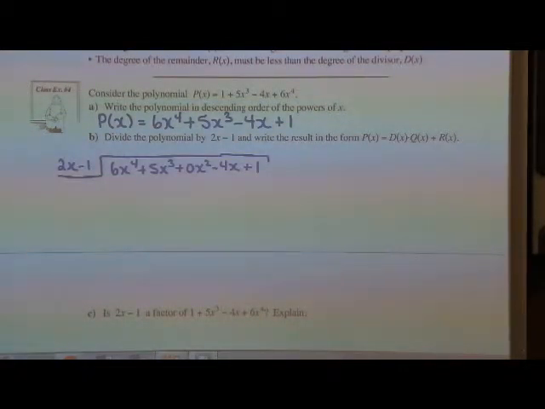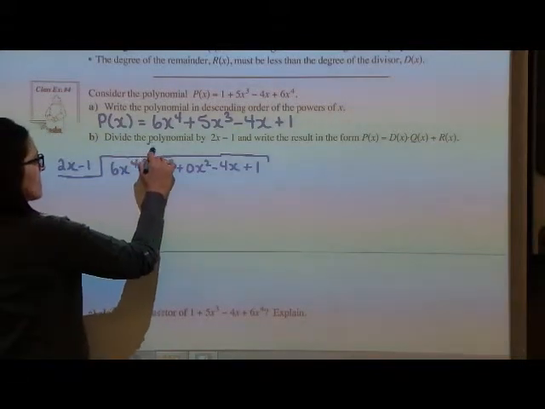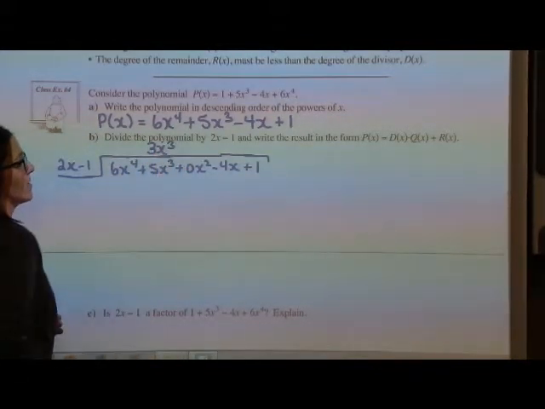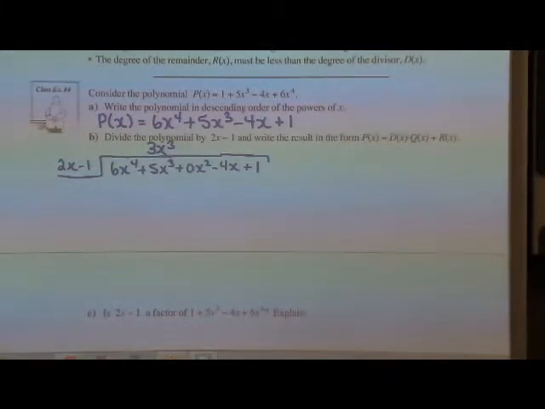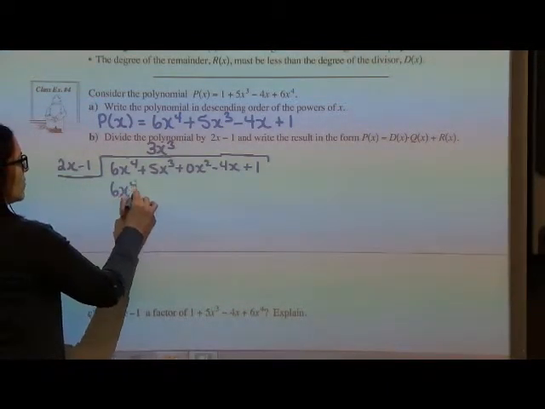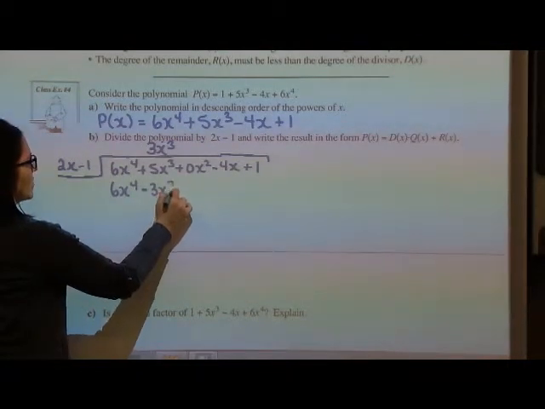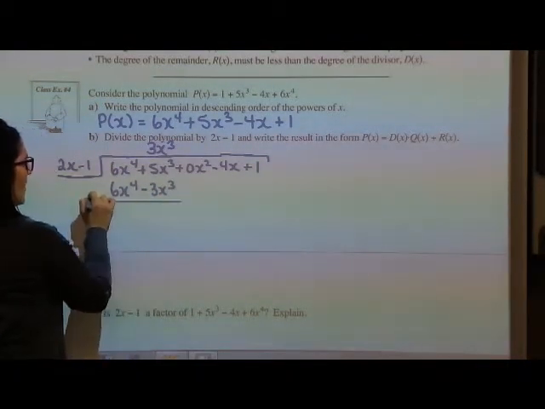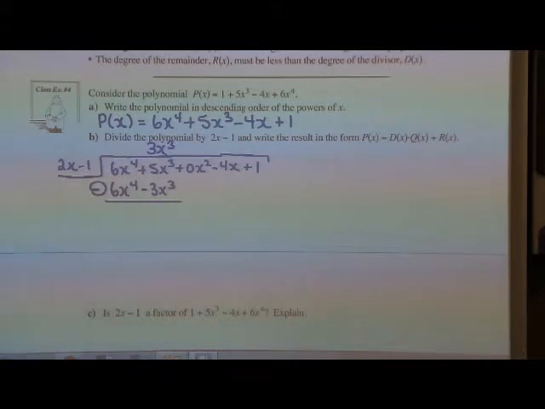What do I get? 3x to the power 3. So I put the 3x cubed above the 5x cubed, and then I multiply it out. 6x to the power 4 minus 3x cubed. And then I'm going to subtract. So 6x to the power 4 minus 6x to the power 4 eliminates.